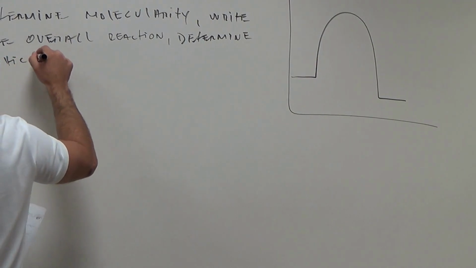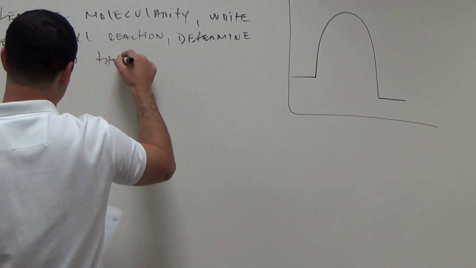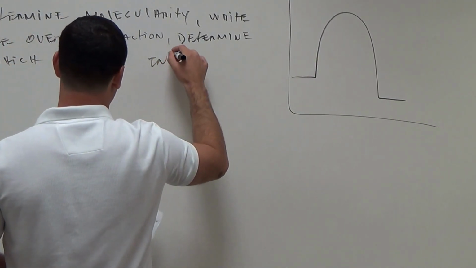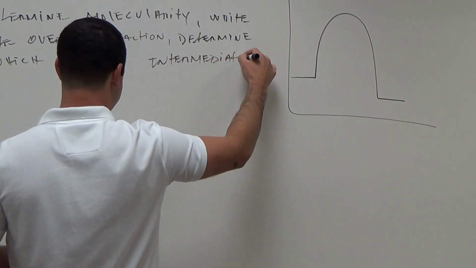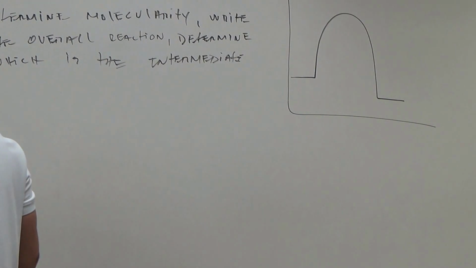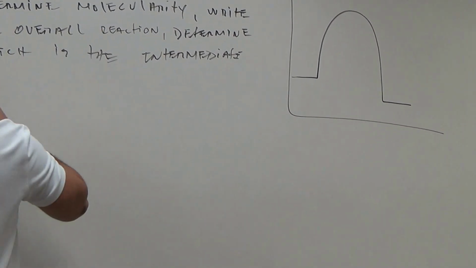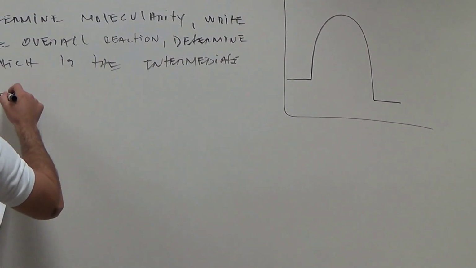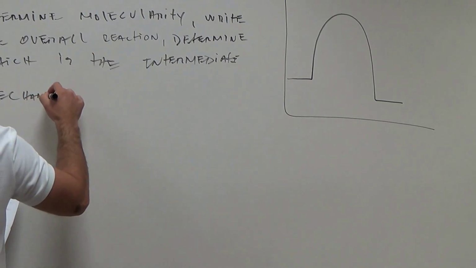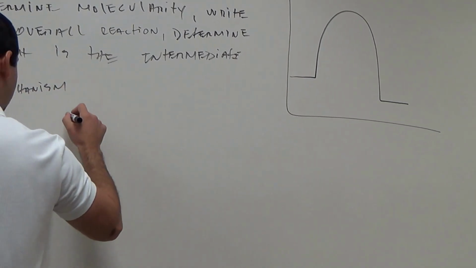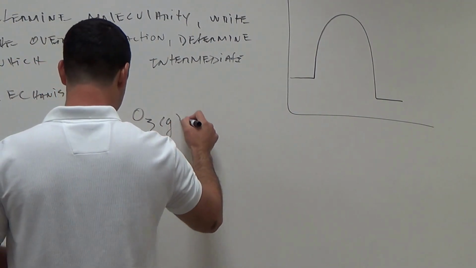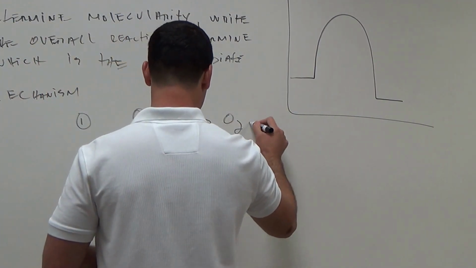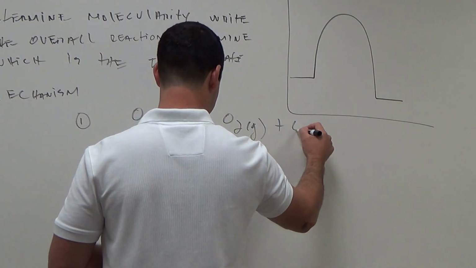Determine which is the intermediate. Here's a proposed mechanism. Step 1. This is for the destruction of ozone. You guys know ozone, yes?